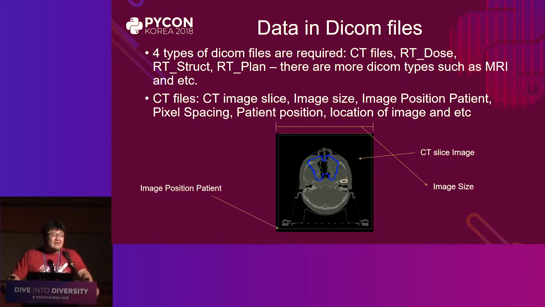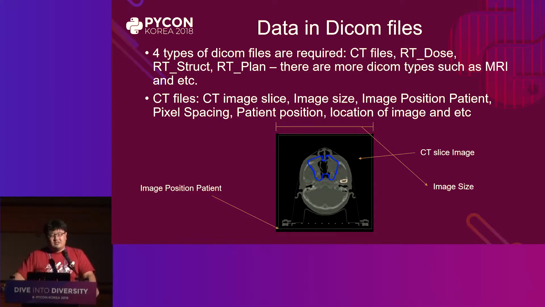So here is the data that I used with PyDICOM. For preparing the treatment in the particular therapy, there are 4 types of DICOM files we need. One is the CT file set, which is very well known to the public.